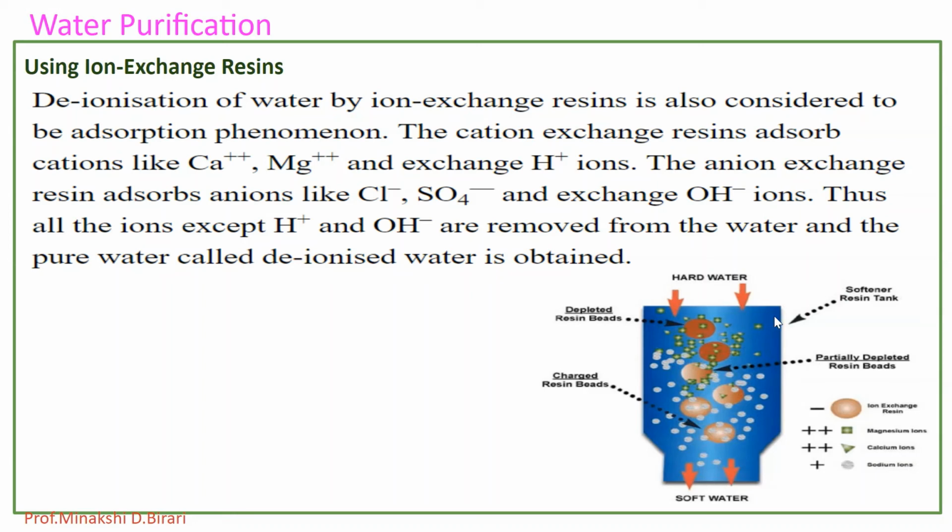Then any anions are removed by exchange of OH-. So the ions, except H+ and OH-, are removed from the water, and the pure water is called deionized water or demineralized water. The water is purer than distilled water and is also called conductivity water.